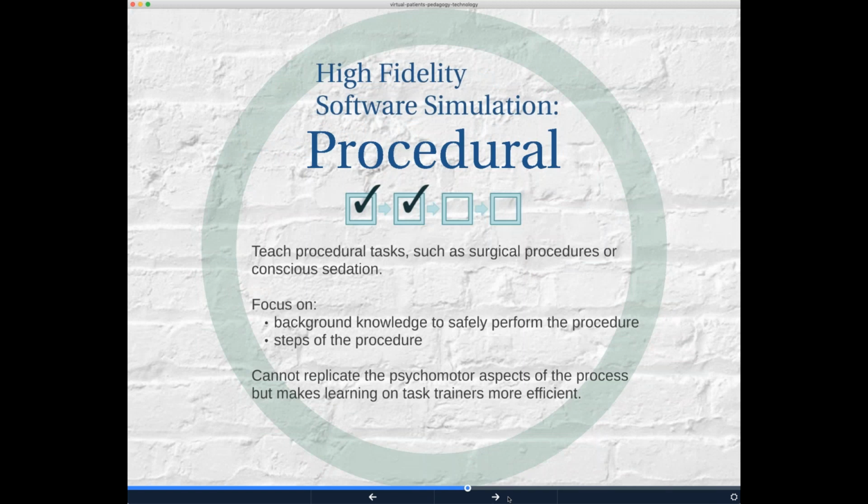There's a classification of virtual patient software that Kononowicz and his colleagues called high fidelity software simulation, which I have to admit, I don't really like that term because it's so vague. But digging into what they mean by this, they're talking about procedural simulations. So virtual simulations that are meant to emulate a procedure as accurately as possible.